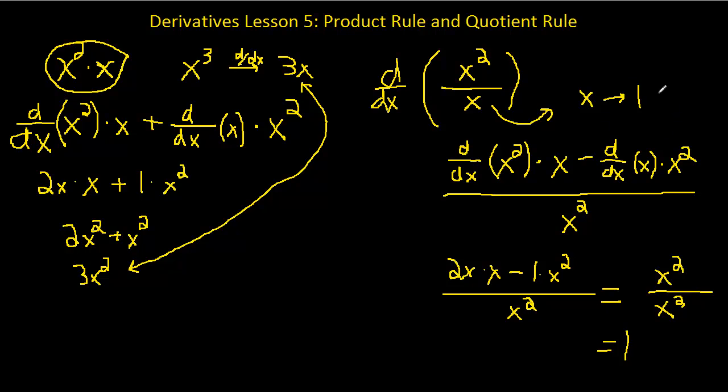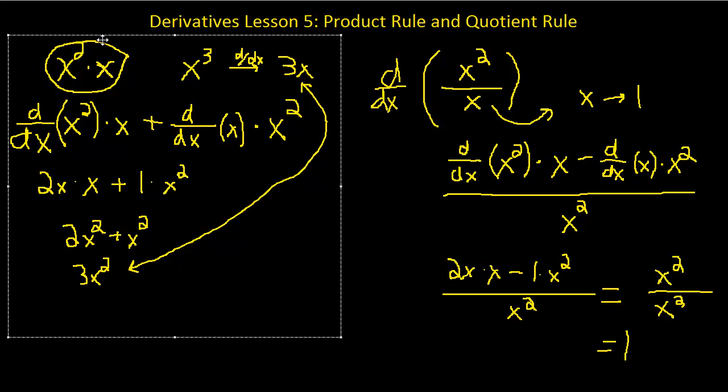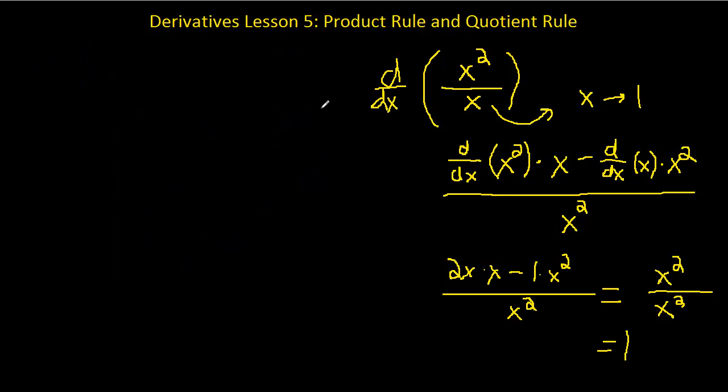So this matches up. Now, because this is more annoying to remember, you can choose to use the multiplication or product rule as an alternative. And how you do this is, I'm going to clear up some space here, let's go back over here and take x squared over x.